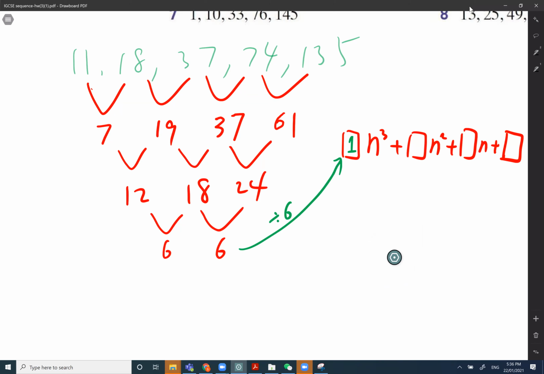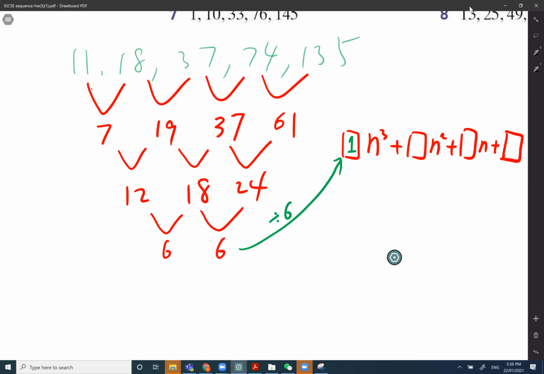After you find the difference of difference, you divide by 6 and you get the number in front of n cubed. Which means inside this sequence we have some information about n cubed.